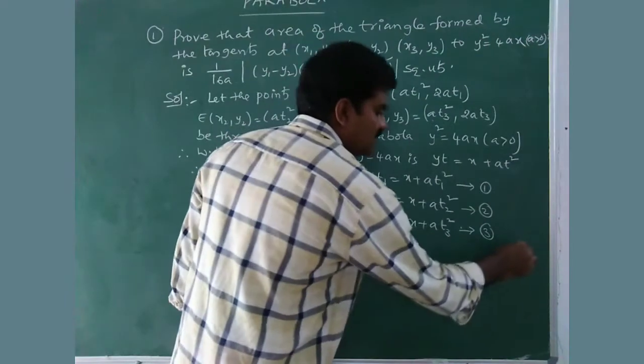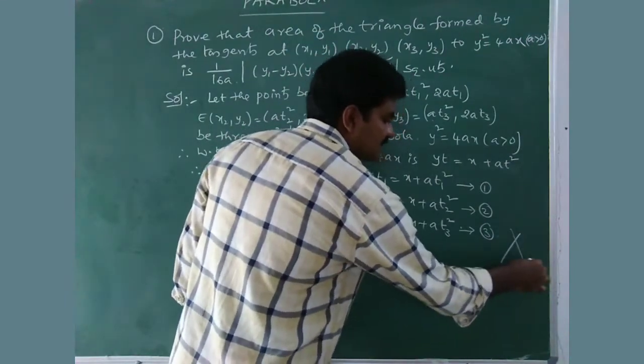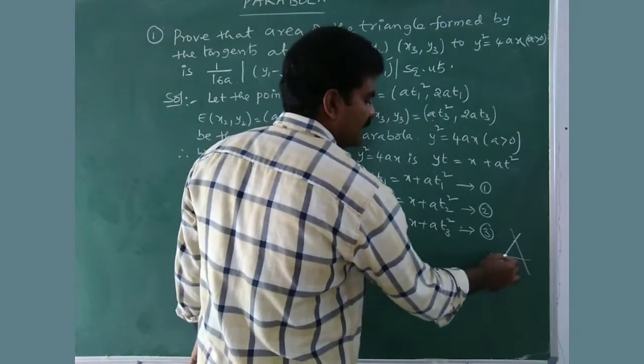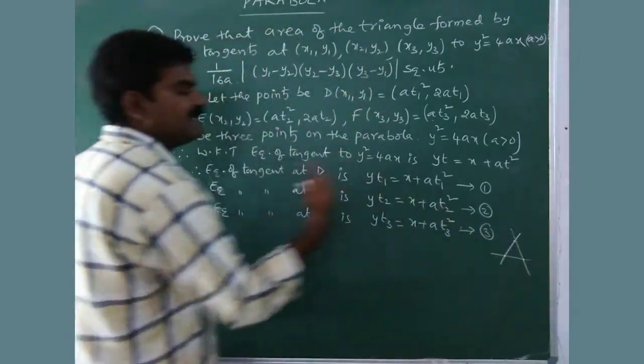These are nothing but the 3 tangents. Now these 3 tangents form a triangle and we want to find its area.